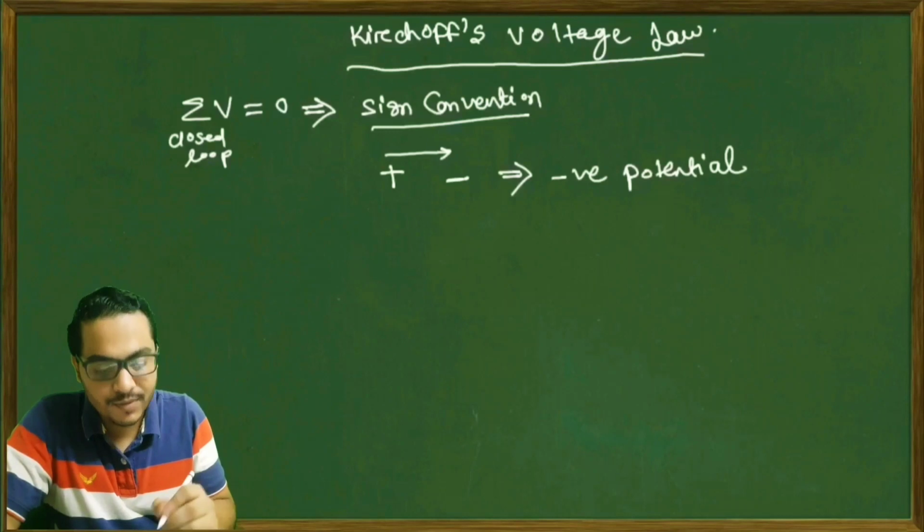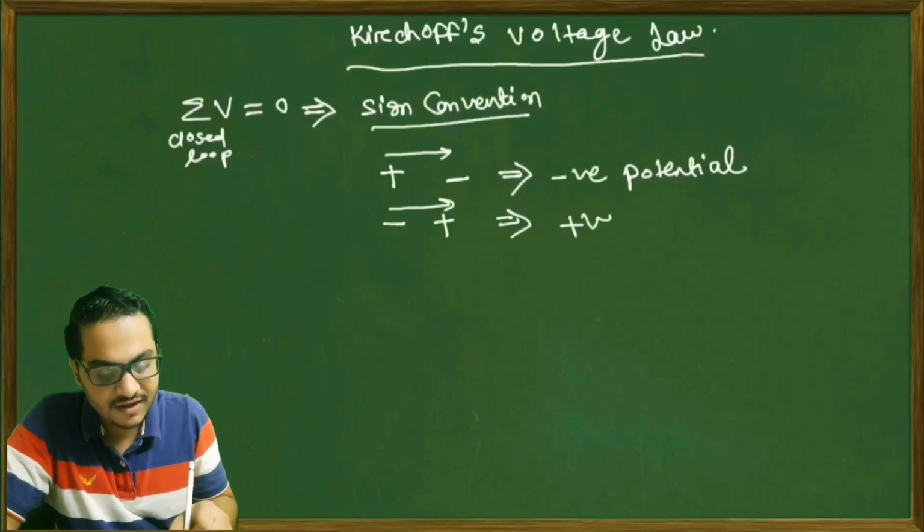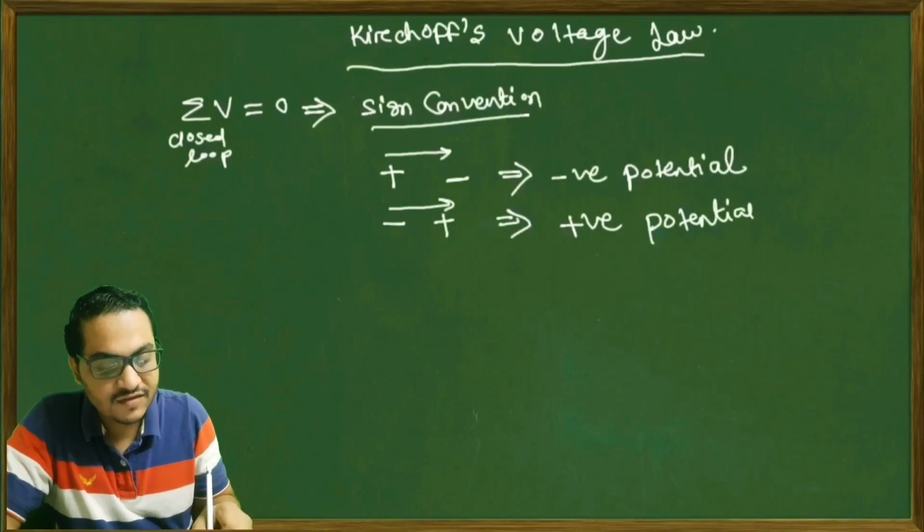And when you are moving from lower potential to higher potential, the voltage sign will be positive. So this is the sign convention.